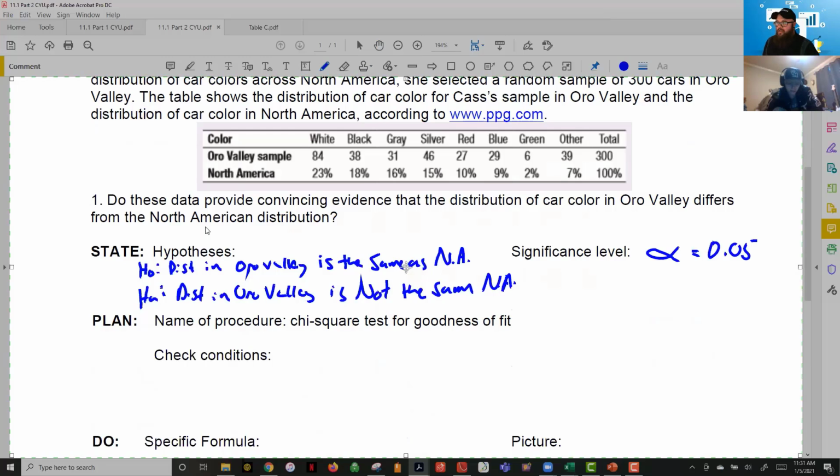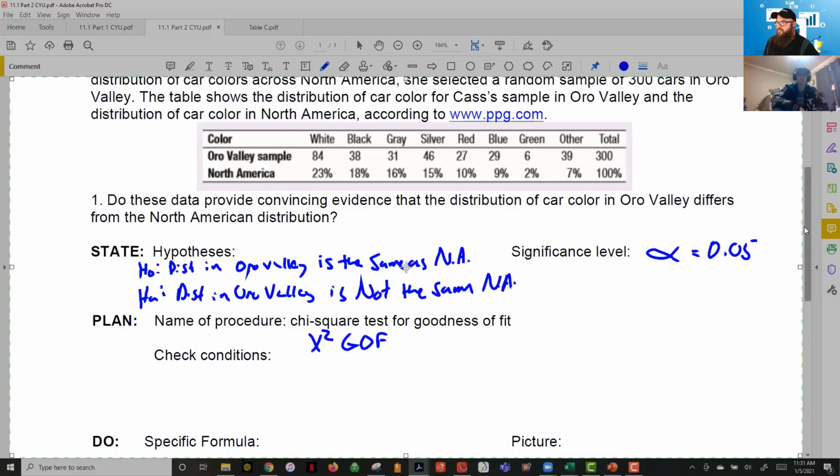You're taking these categorical variables and comparing them against everything, which in this case is North America. So you're seeing how this one area sample compares to the overall population of North America. You can also use shorthand for the procedure name: chi-square GOF for goodness of fit. That means the same thing.